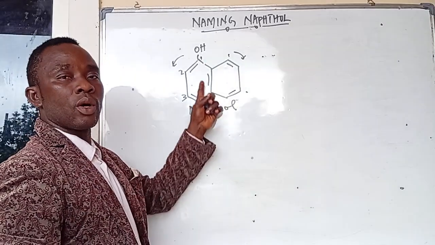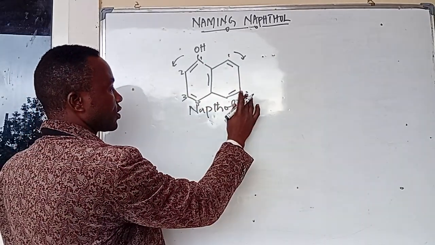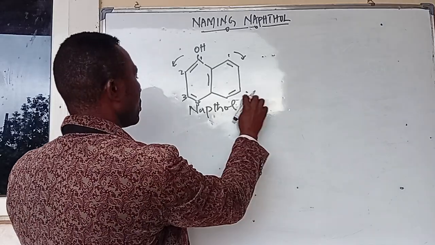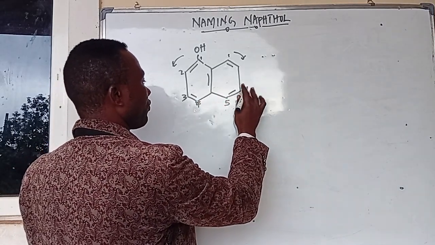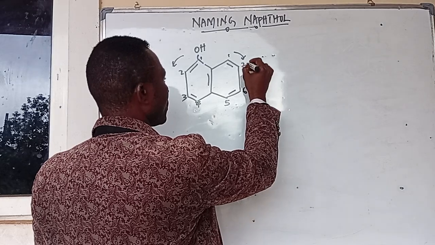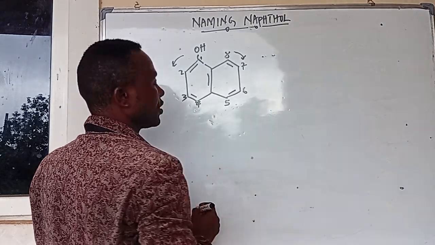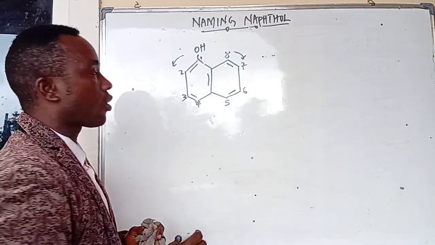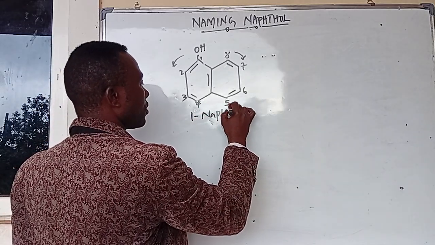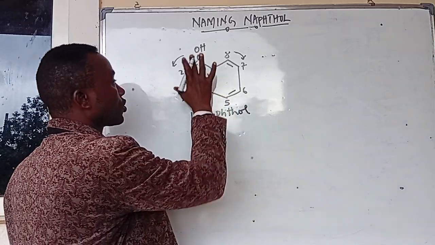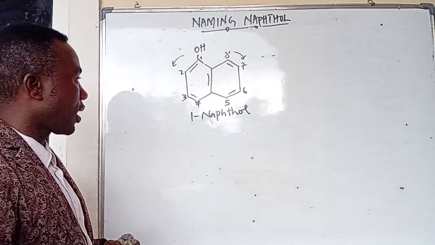This bridge will not be numbered now. Leave it, and come to this carbon atom. This carbon atom becomes 5, here is 6, here is 7, and here becomes 8. So you can see that this naphthol is actually 1 naphthol, because the OH group is at position 1.